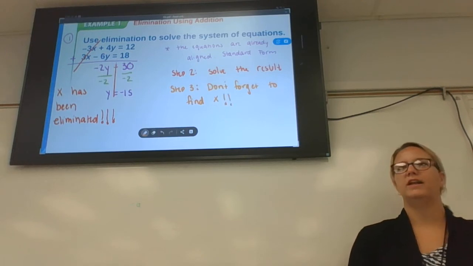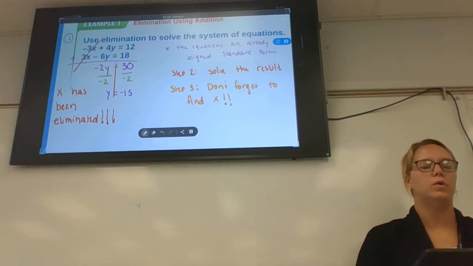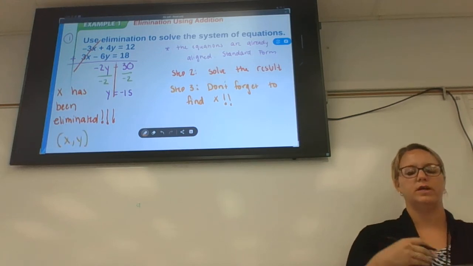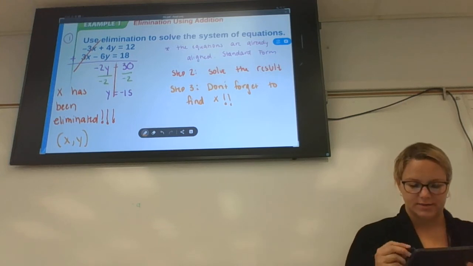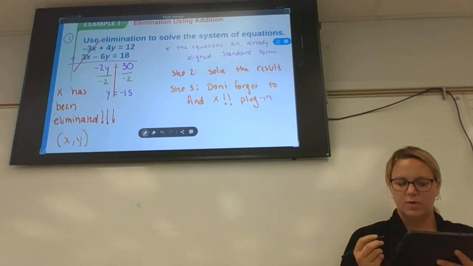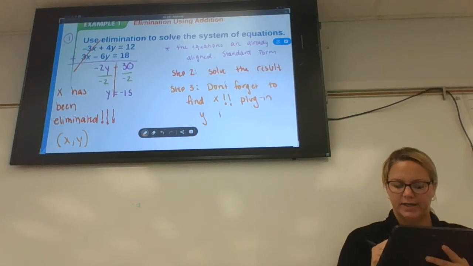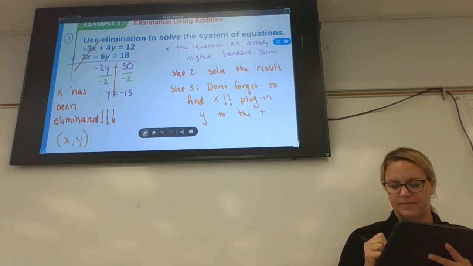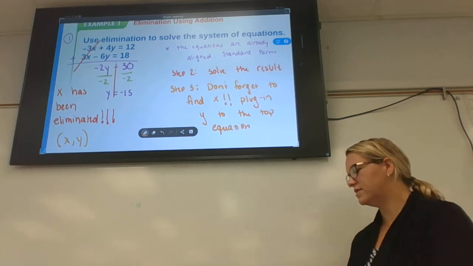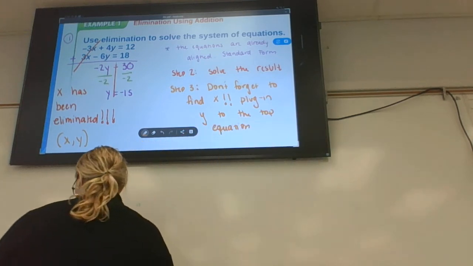Don't forget to find x. We're looking for a whole ordered pair. We need x comma y. We need the point at which these lines cross. So what we'll do is plug y into the top equation. It sounds like a lot of work now, but it really isn't.